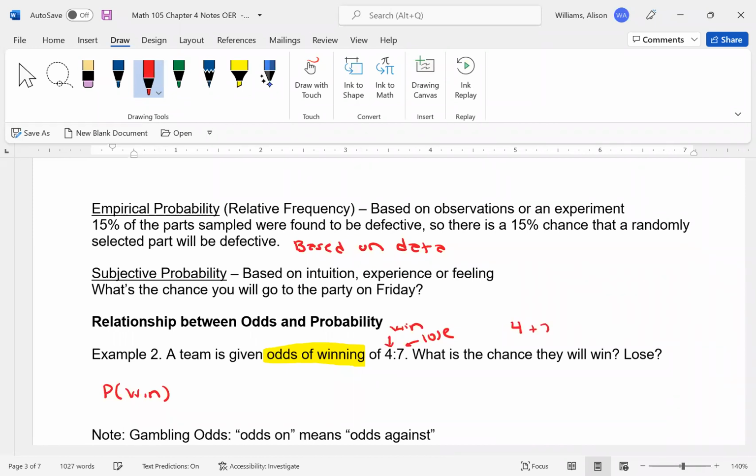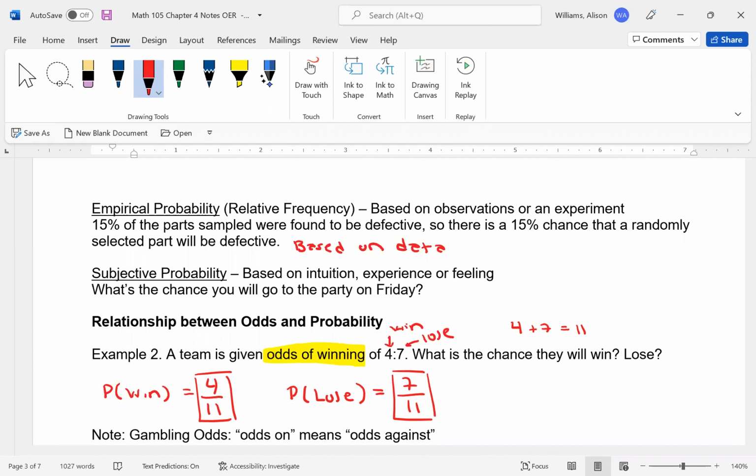So it's 4 plus 7, or 11 total. The odds are technically out of the total of those 2. So the probability of winning then is 4 out of 11, and I'll just leave that as a fraction. That would mean that the probability of losing is 7 out of 11.